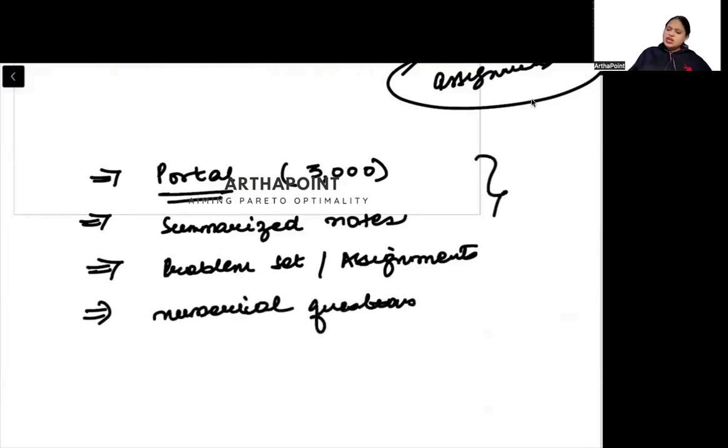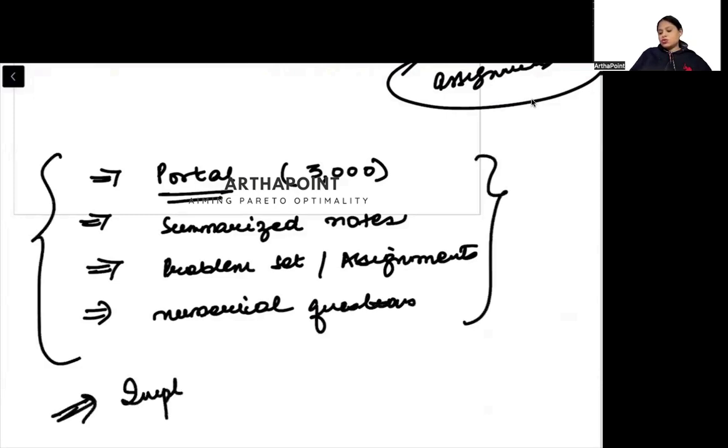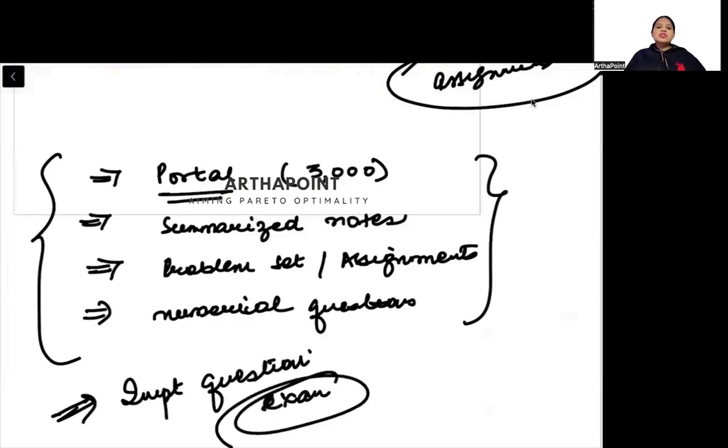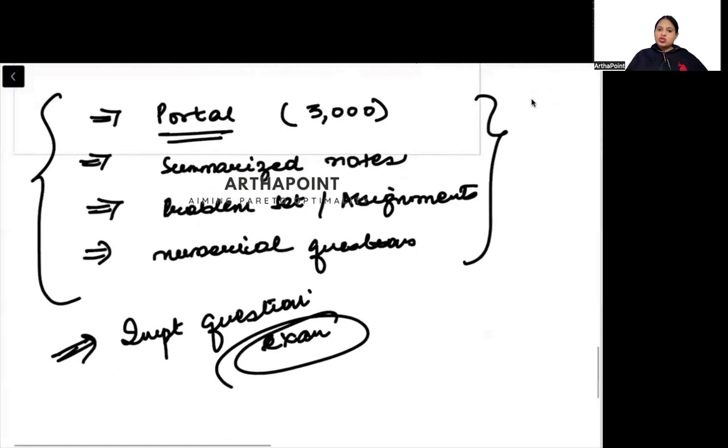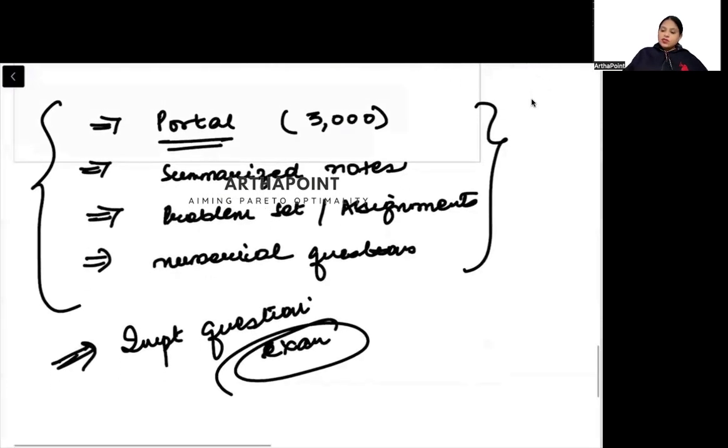And at last, जैसे हम हर बारी करते हैं, we'll make a list of all important questions which will come in exam. है कि नहीं है? So this is how the course will be structured. The fees of the course decided is 3,000.